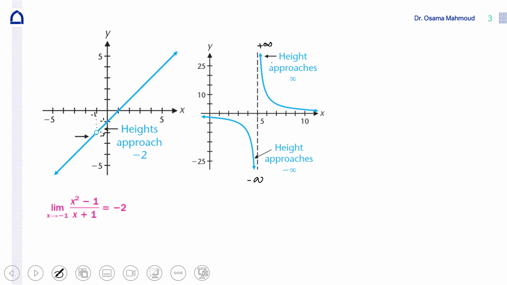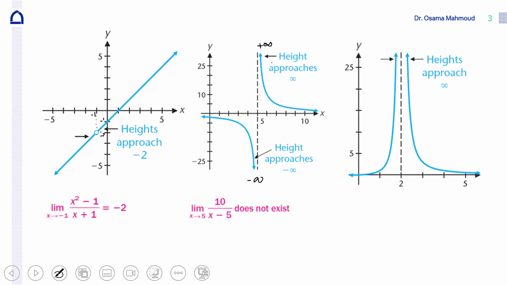So in the first case, the limit exists and equals minus 2. In the second one, the limit doesn't exist because the right limit is not equal to the left limit. In this case, the right one goes to positive infinity and the left one also goes to positive infinity. So yes, they are equal, and the limit is equal to infinity.